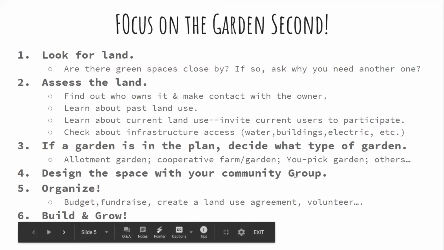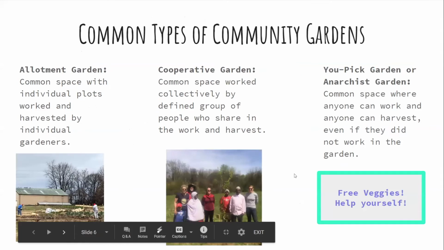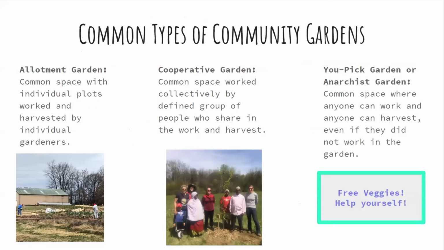If a community garden is a part of your green space plan, there are 3 fairly common types of community gardens out there. It's really important to decide as a group what type of community garden you want to have. And then you also want to think about how you're going to announce this specific type of community garden to people, so they also have a shared understanding of this word.